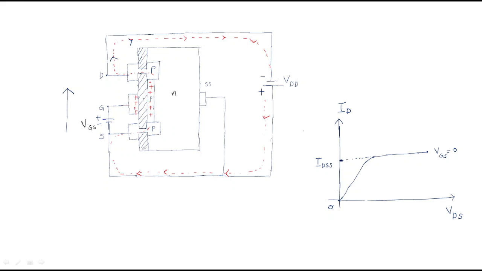Here what happens, when the positive value increases, then we have some electrons here. Whenever the positive value increases, some electrons from the n channel will be recombined with the depletion layer.